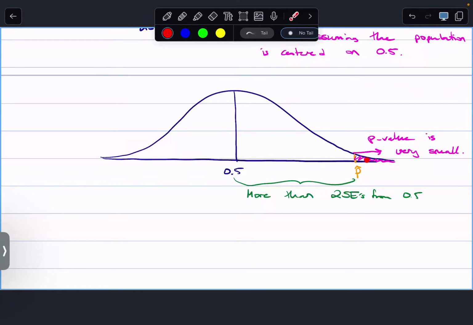In fact, the probability of seeing something that extreme is very, very small. And so then I can reject that hypothesis and say, okay, that's unlikely to have happened.